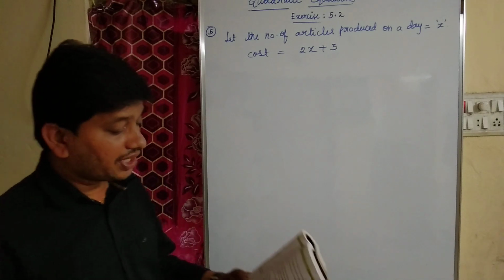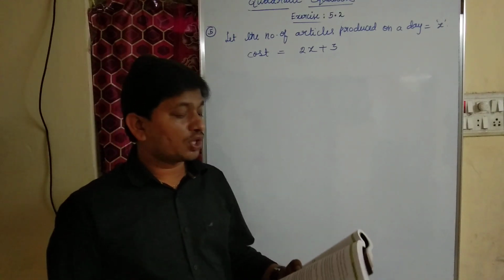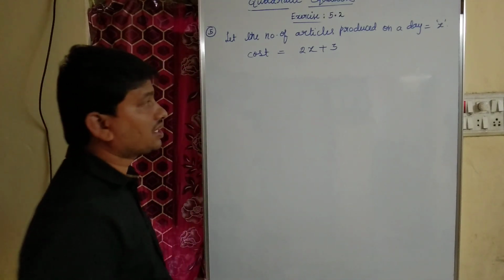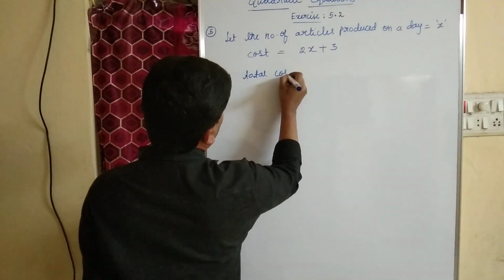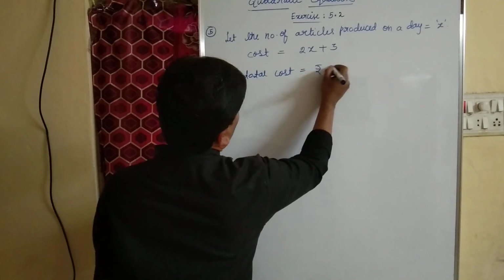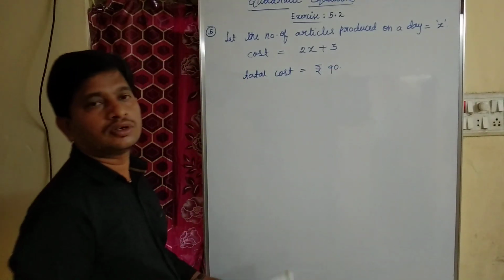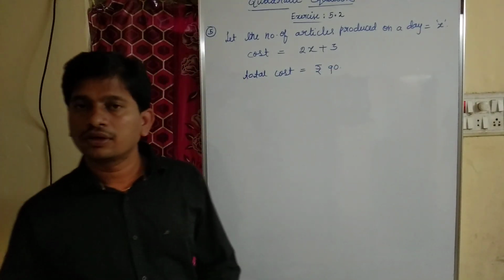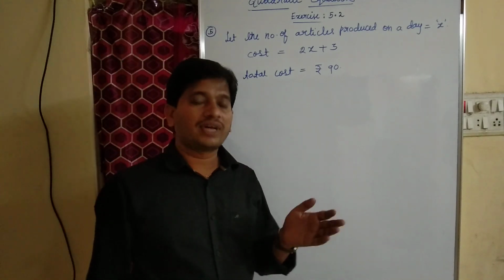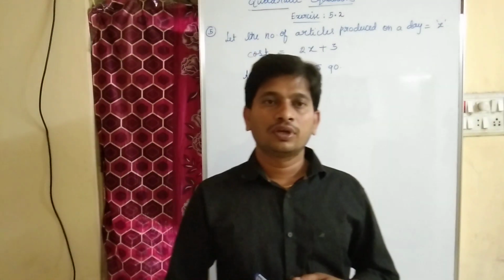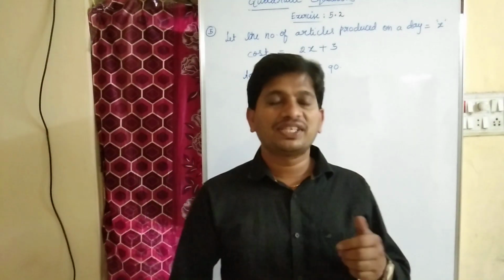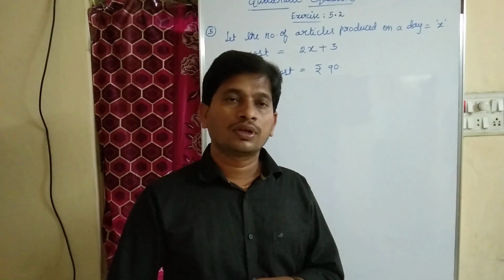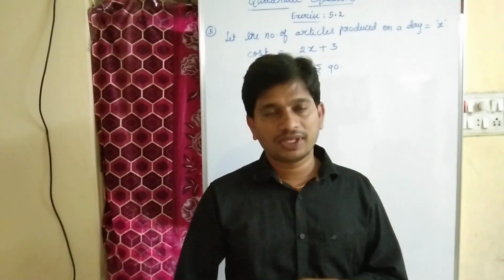And the second statement is, the total cost of production on that day was rupees 90. So the total cost is rupees 90. What does total cost mean, children? For example, we go to a bookshop and purchase 5 notebooks and each notebook costs 20 rupees.